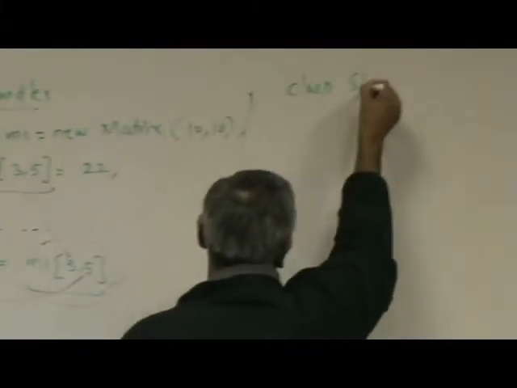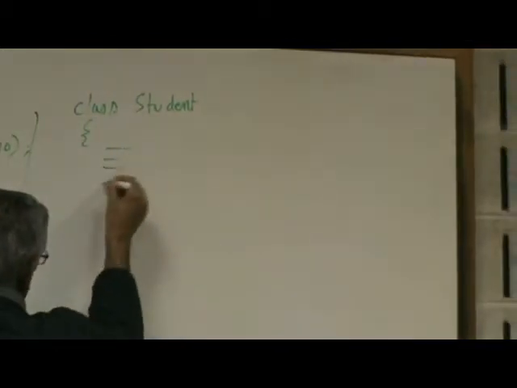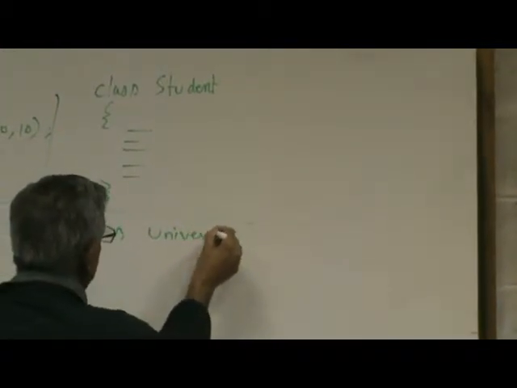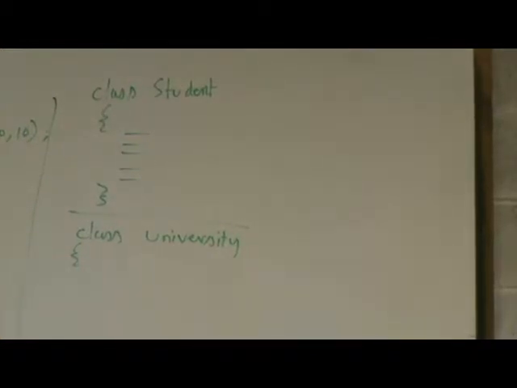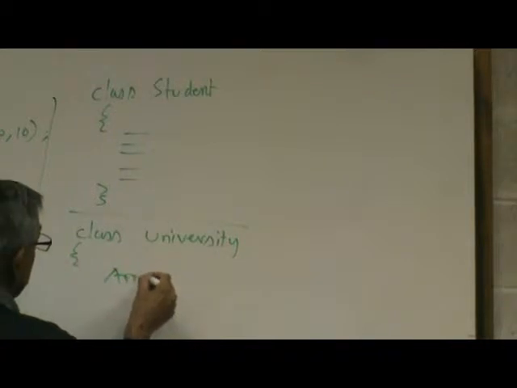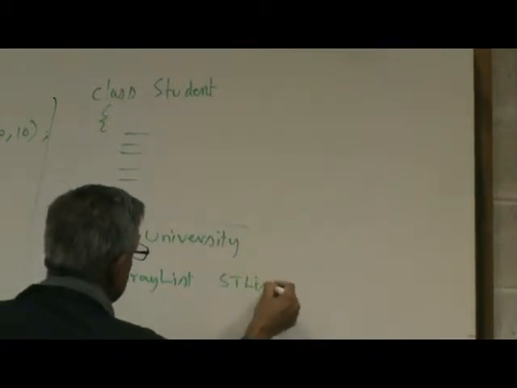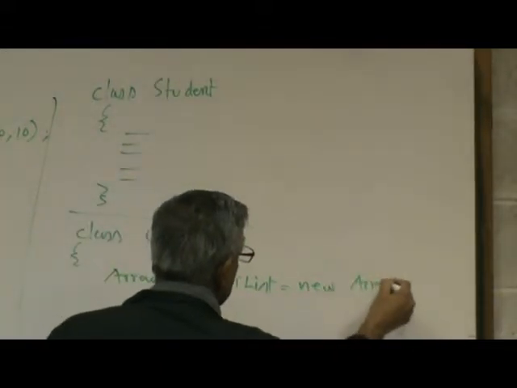Class student. Suppose we have those 5 fields over here, right? Suppose we have a class called university, and suppose the university contains a collection of students. So suppose we have an ArrayList, let's say stList equal to new ArrayList.